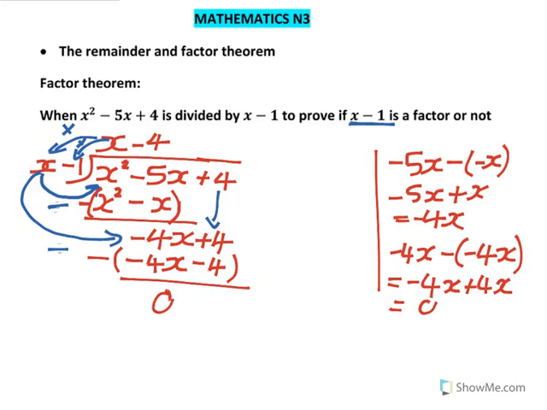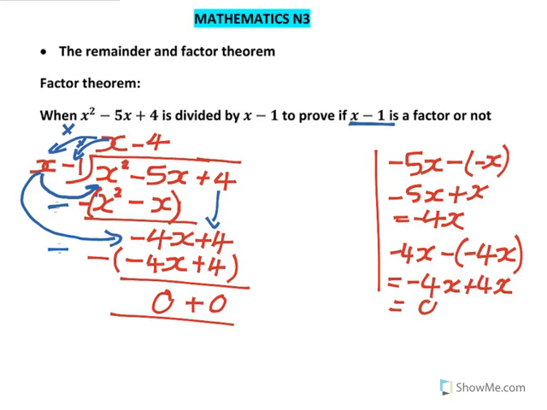Minus 4 times minus 1 was a positive 4, not a negative. So you will get 4 minus 4, which is also 0.